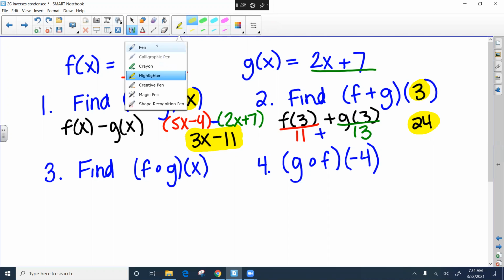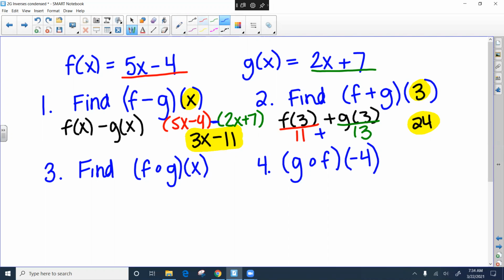Number 3, I was glad to see most of you remembered this notation as well. We say that as f of g of x, and we can rewrite it as f, and then in parentheses, g of x, so we keep the letters in the same order. This one is telling us we plug g of x, that's the input, and we're plugging it in to function f. So it looks like this.